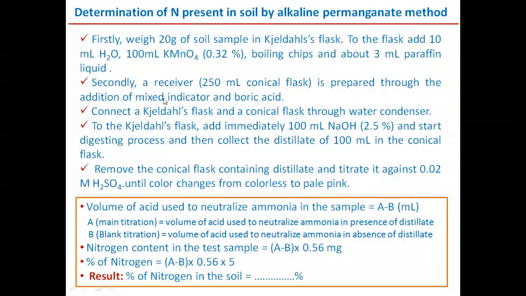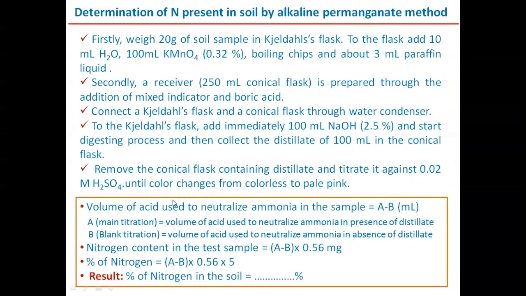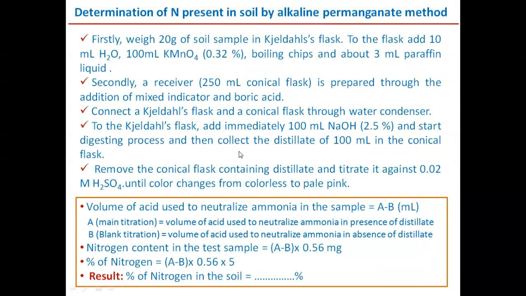After that, to the Kjeldahl flask add immediately 100 ml of sodium hydroxide solution, which is 2.5%. The moment we add it, the digestion process starts. Start heating, then collect the distillate of 100 ml in the conical flask.